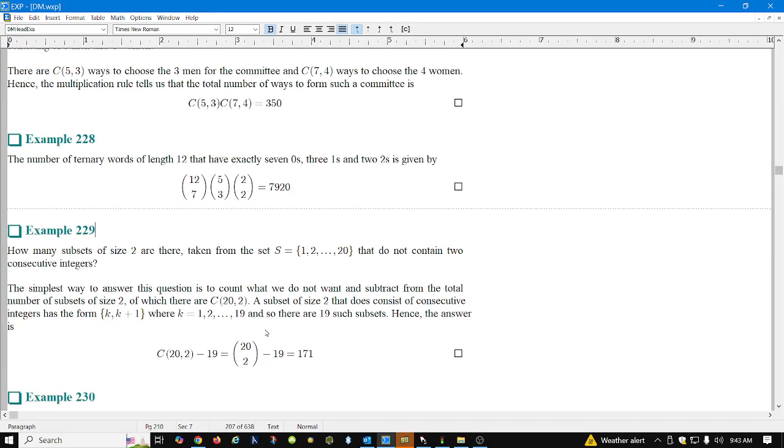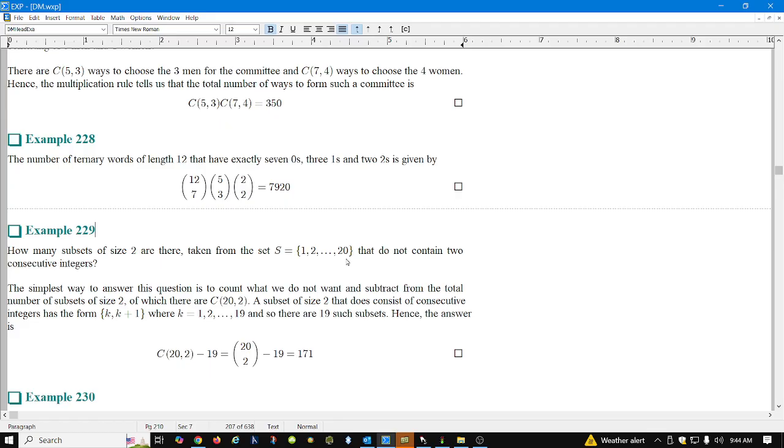Okay, here's a little more interesting problem. How many subsets of size 2 are there taken from this set, numbers 1 through 20, that do not contain 2 consecutive integers? So the subset can't contain 5, 6, or 8, 9, or 19, 20.